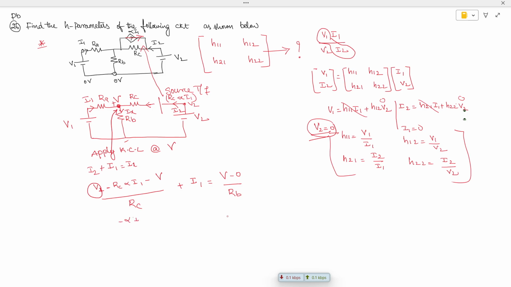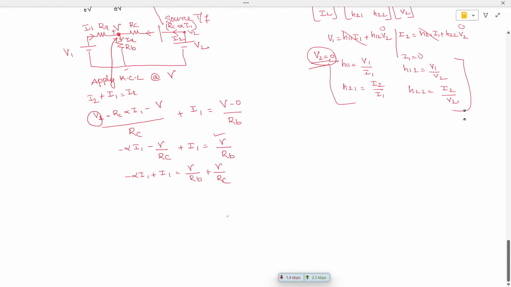This is nothing but alpha I1 minus V by RC plus I1 is equal to V by RB. So I am going to write this as alpha I1 plus I1 is equal to V by RB plus V by RC.